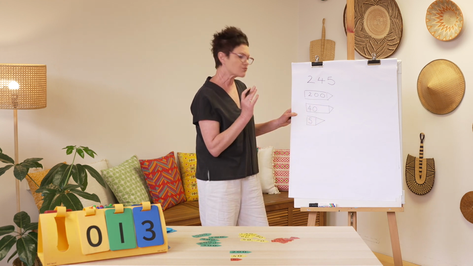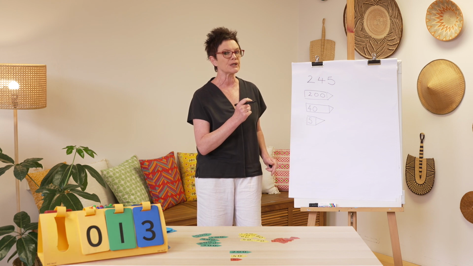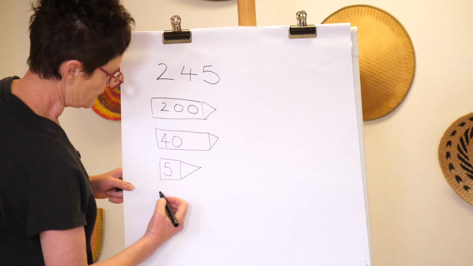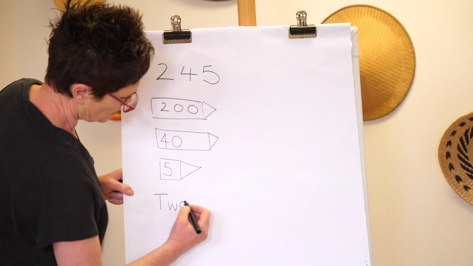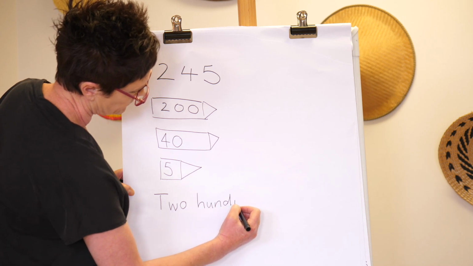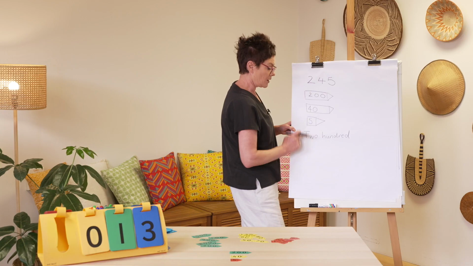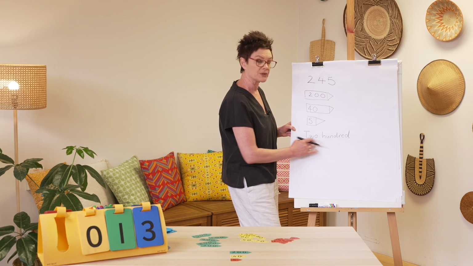245. Now to write that number in words, a little bit tricky, spelling meets maths. We're going to go 200. Lots of learning here about which one you use, but this is the one we use today.